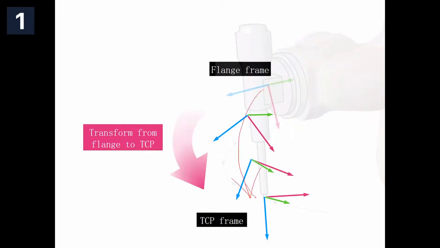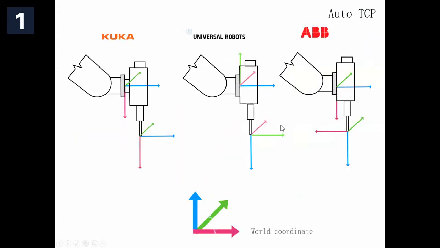The transformation begins from flange then to the TCP. You can see the whole process contains rotation and movement. So this is three kinds of robots, flange coordinates and TCP coordinates, the default setting.